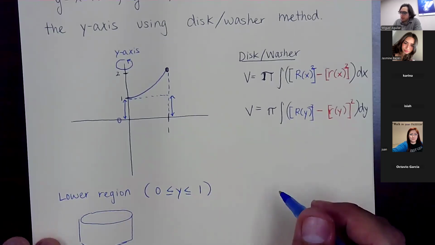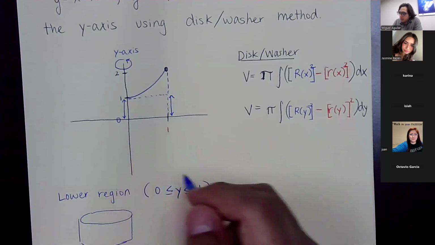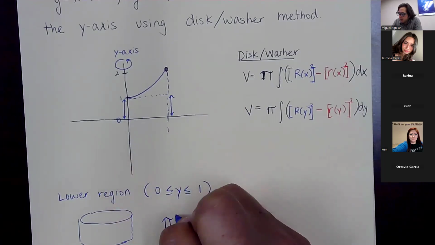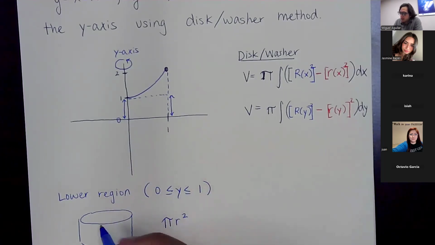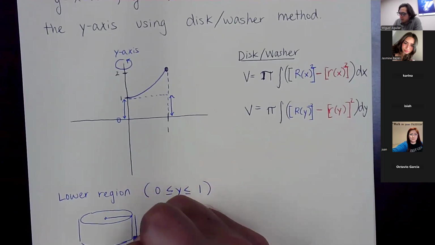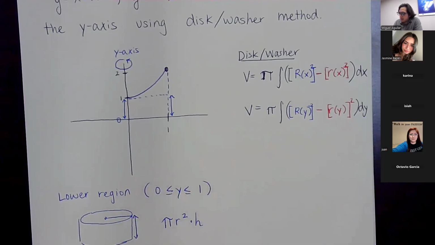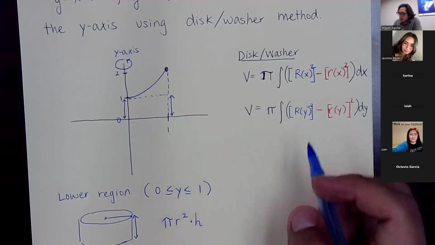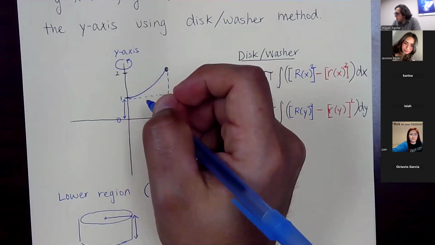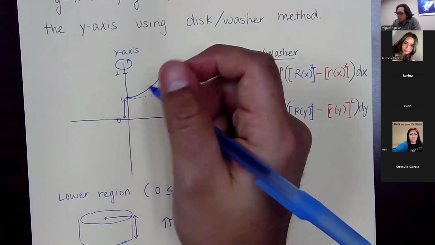So all we need to do there is get pi r squared to get the volume of that cylinder, right? And then multiply it by the height or the thickness of the cylinder, if you want to think of it that way. What we would have to do is get this function in terms of y.